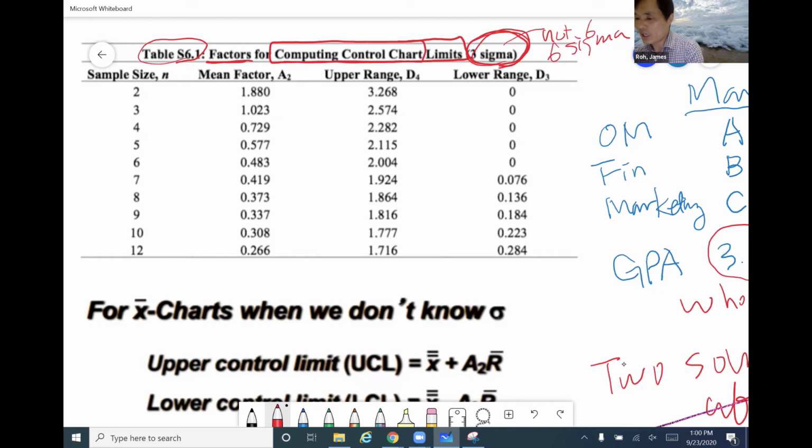We have A2, D4, and D3. For a sample size of 8, you read the A2 value here, 0.373, then calculate X double bar and R bar. The corresponding A2, D4, and D3 are right here, just plug them in, and you will find the values of the control limits and center lines, and visualize the process. So that's how it goes.